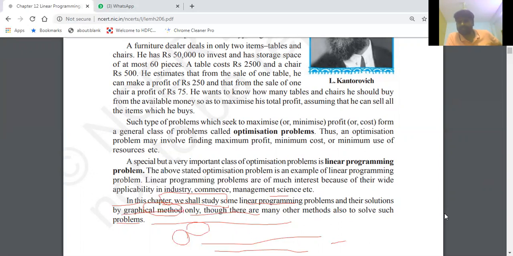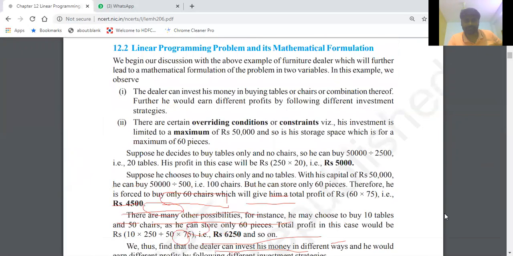Understood? Anyway, while solving problems we can understand everything. As I told you again, problems in this chapter are very easy. The only thing you have to understand is the method of solving, and before that some terminology which we use in the linear programming problem. Shall we move on now?